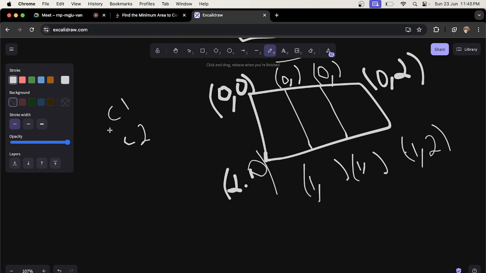Column 1 starts from minimum column plus 1, which is 1 in this case, because rectangle 1 has to have at least one column, and it iterates till maximum column minus 1, which is also 1 in this case.